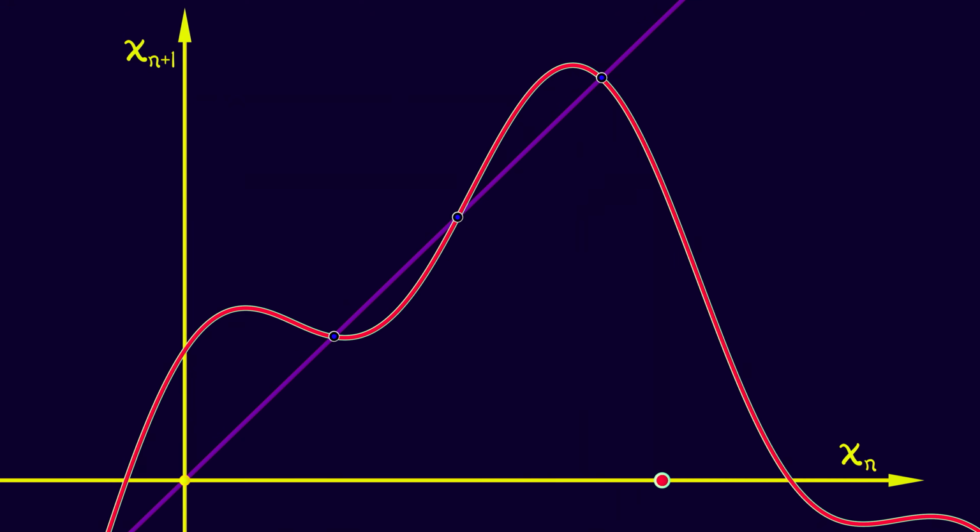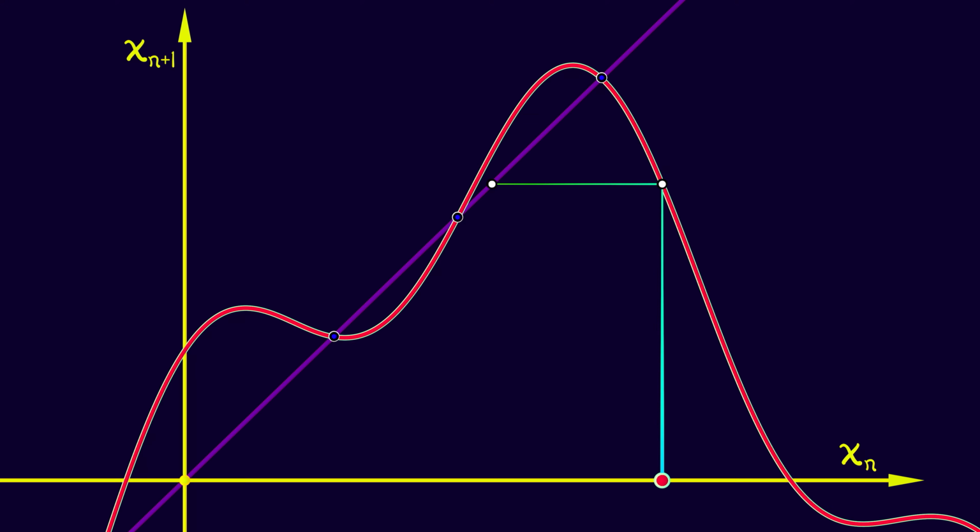Now this is kind of confusing, lots of points. The way that we're going to make sense of this visually is we're going to draw line segments between x_n along the horizontal axis and the point on the graph, which is going to be x_{n+1}. Then we're going to make a horizontal line that goes over to the diagonal and then feed that point back into the function, drawing a vertical line.